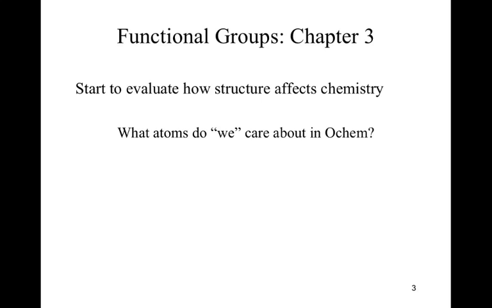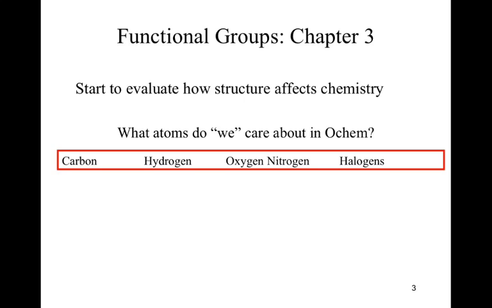So, at the end of chapter 3, what we start to do is connect these different structures together, and we start to evaluate something known as functional groups. When we looked at organic chemistry, we really simplified things down to just a few different elements. We're dealing with carbon, hydrogen, oxygen, nitrogen, and our halogens.